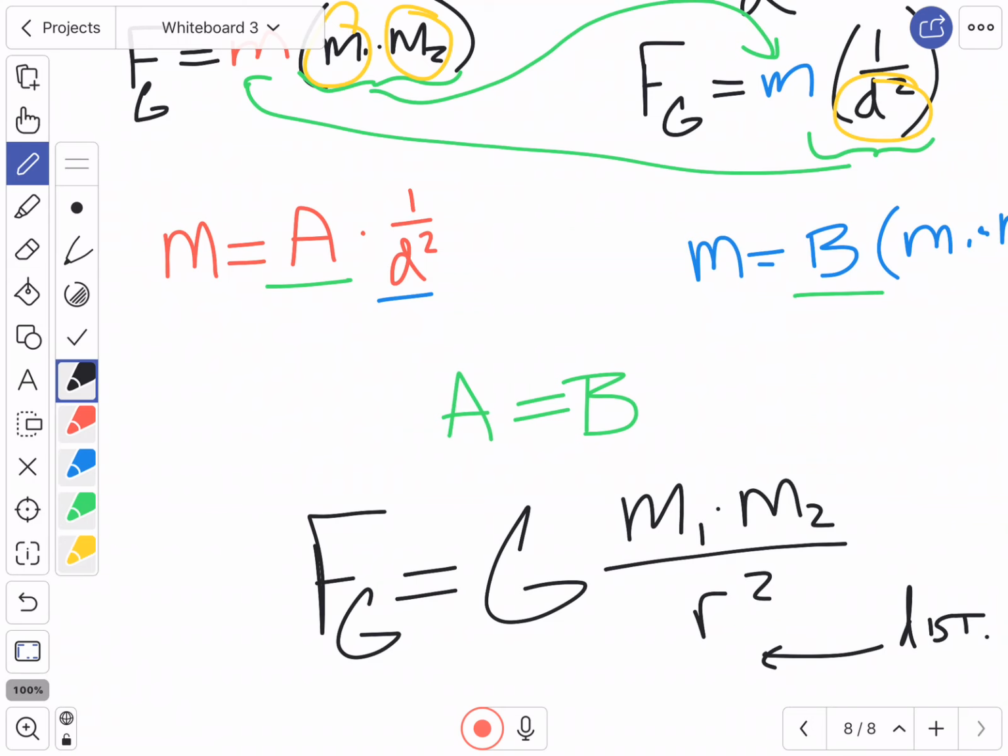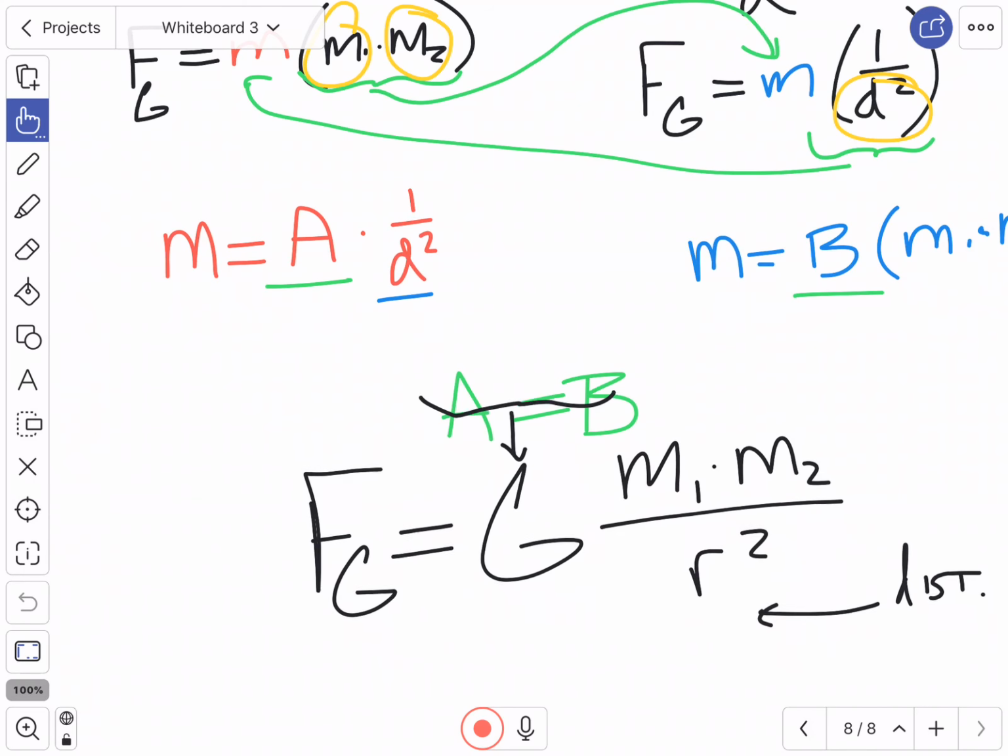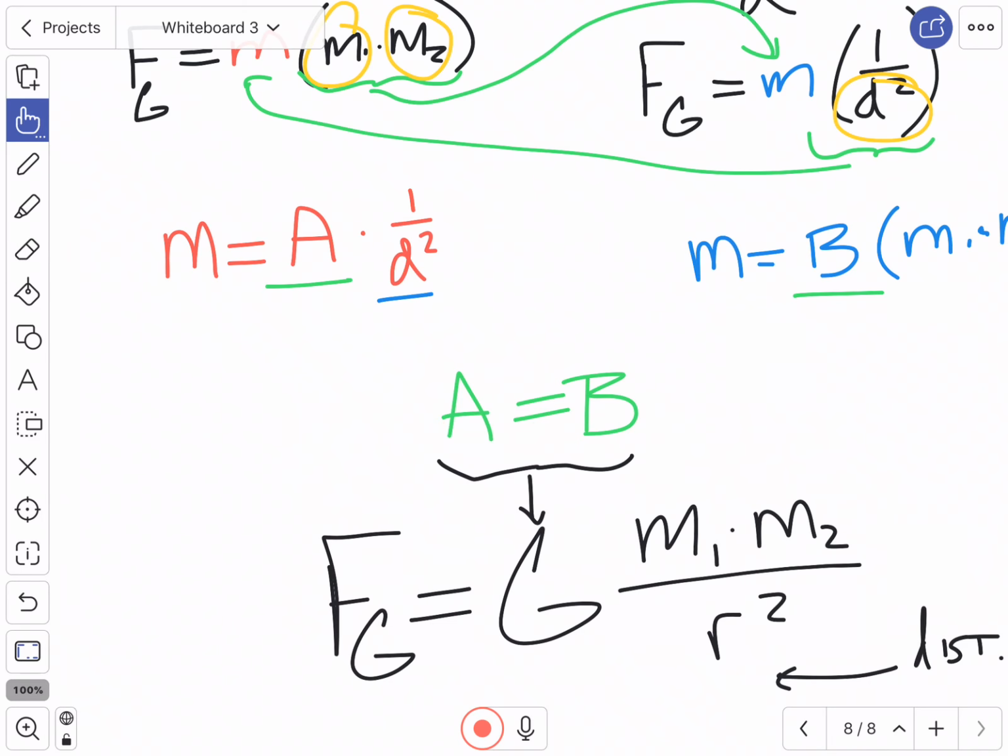And so this, essentially A and B, is this capital G. This capital G is what's called the universal gravitational constant.